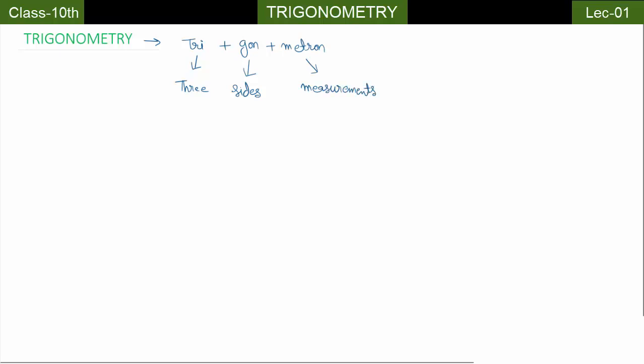So in trigonometry, what we basically do is measure the sides of any triangle, and more specifically, we try to establish the relation between the angles and the sides of a triangle.